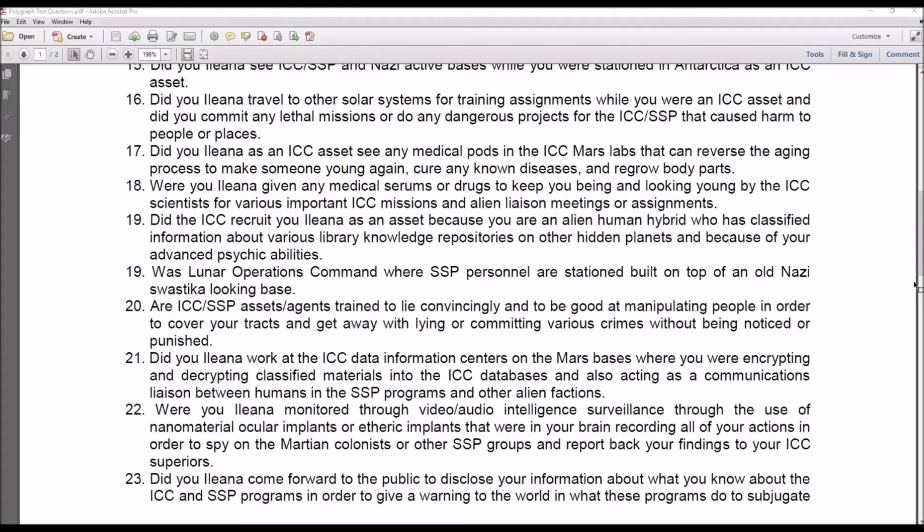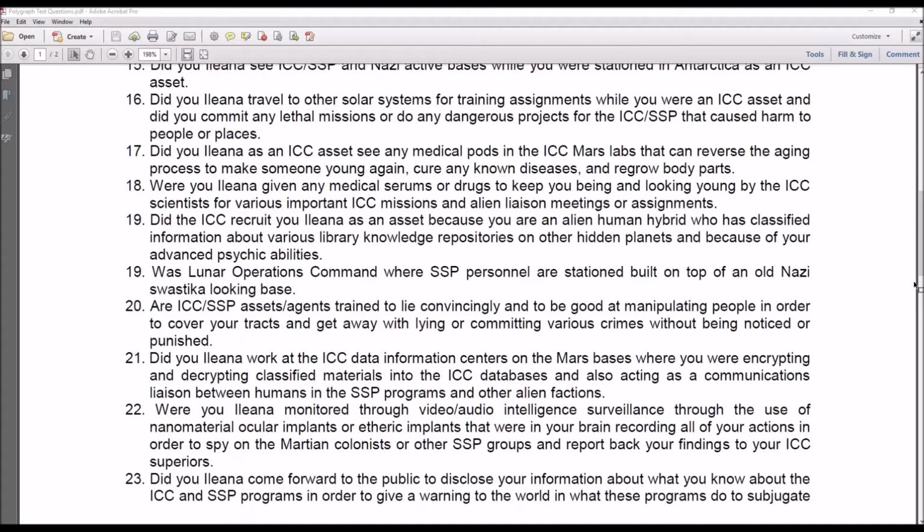Yes. Did the ICC recruit you, Ileana, as an asset because you are an alien-human hybrid who has classified information about various library knowledge repositories on other hidden planets, and because of your advanced psychic abilities? Yes.